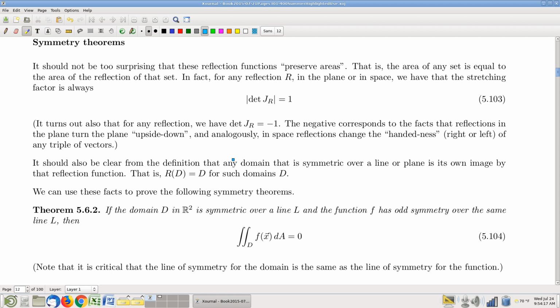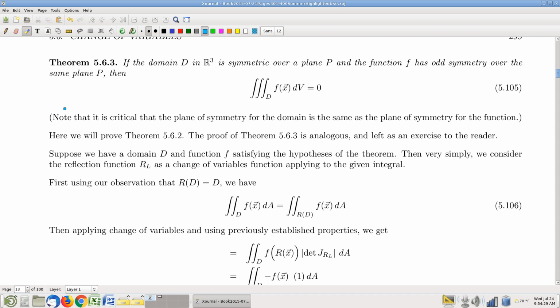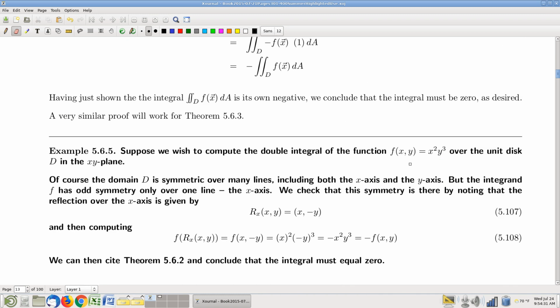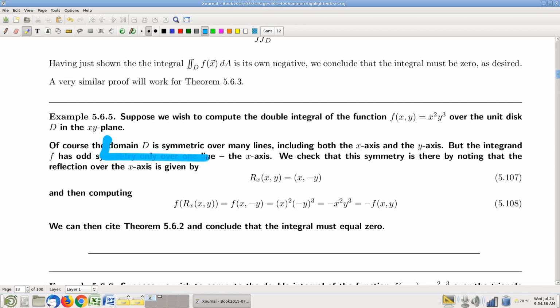Right? And so you need to persuade me that you actually understand the symmetry argument before you can actually get that credit. So here's what I want to see on an exam. If you want to use the symmetry argument, either double integral or triple integral, you've got to tell me that the domain is symmetric.